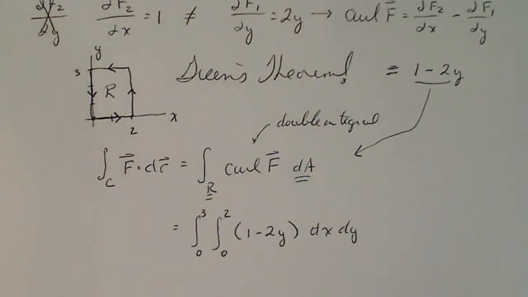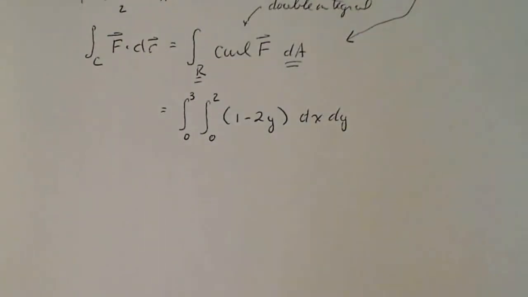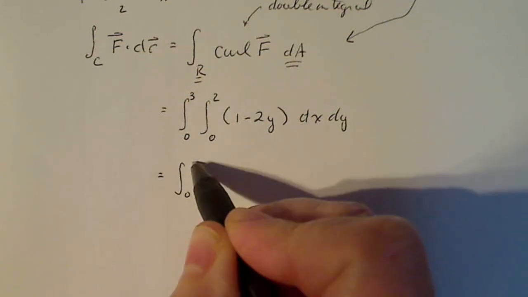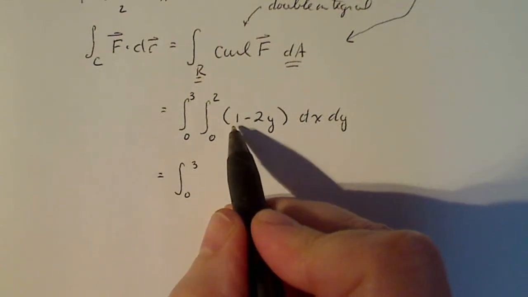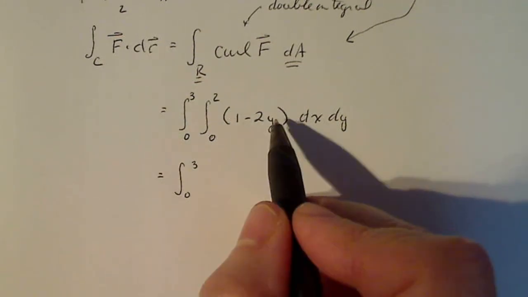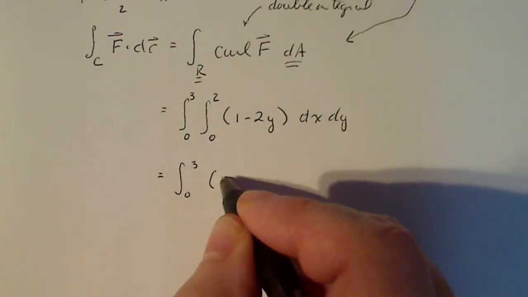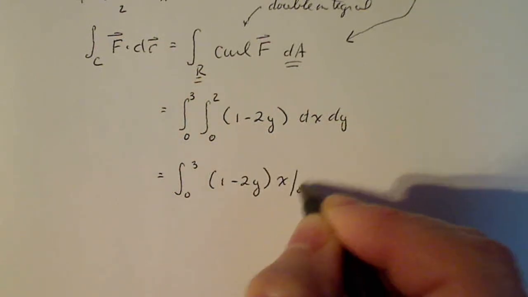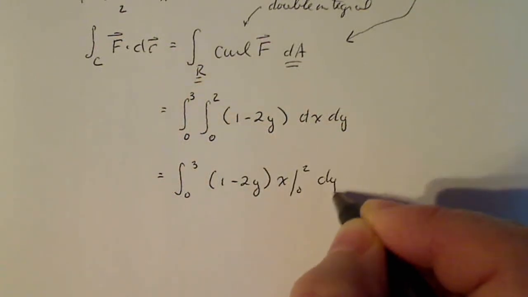And then I just have to use double integral methods to calculate this double integral. Let's see what it turns out to be. This is equal to the integral from 0 to 3, and I'm going to take the integral of this with respect to x. Since there's no x's in here, I can just treat that like a constant. So it's going to be 1 minus 2y times x from 0 to 2, dy.